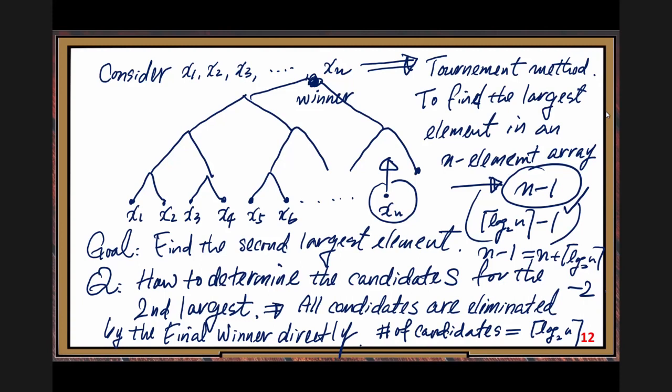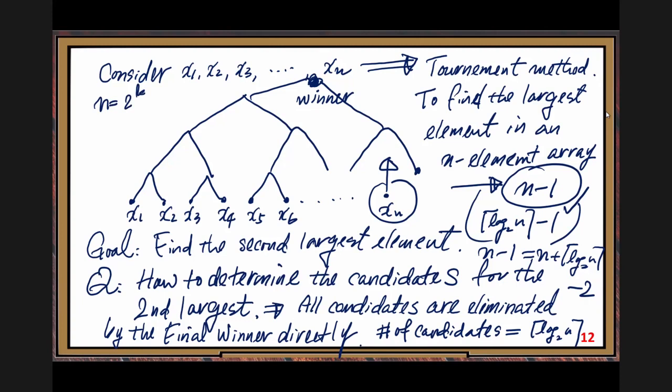Because here you look at the number of rounds, right? One easy way to see it: first, when n is a power of 2, 2 to the k, how many rounds to play?